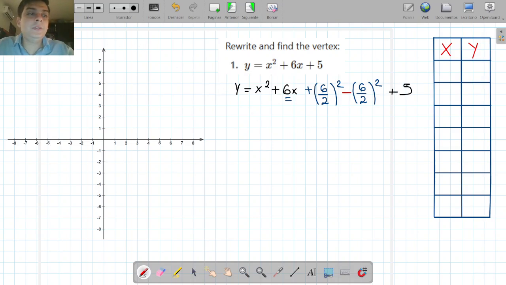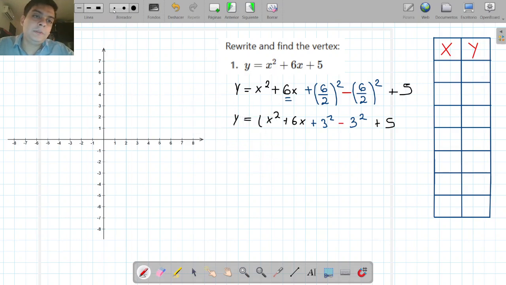Now, this is going to look in the following way. This is going to be x squared plus 6x plus 3 squared minus 3 squared plus 5.